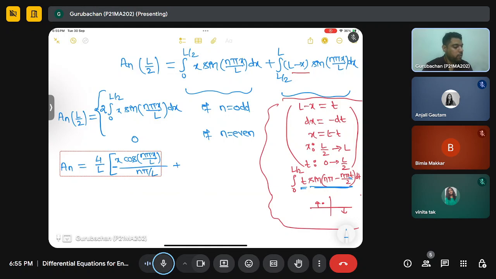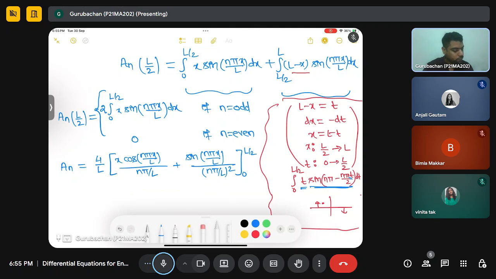Minus minus will become positive, sin n pi x by L over n pi by L whole square, from 0 to L by 2. So this will be like this.